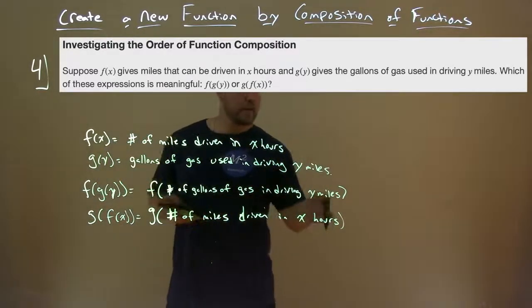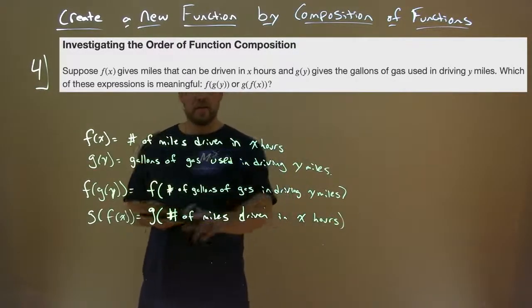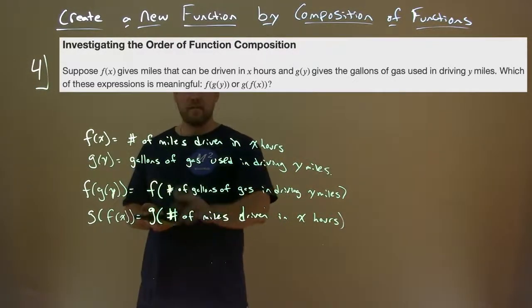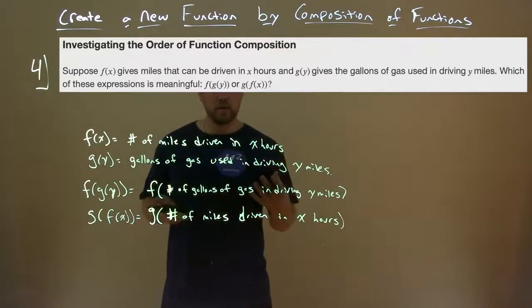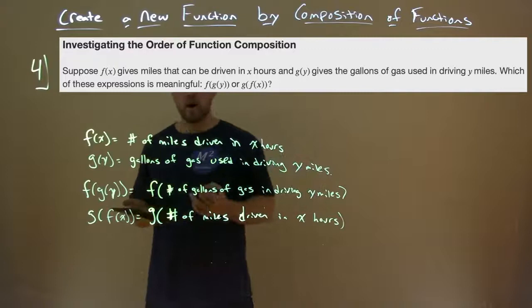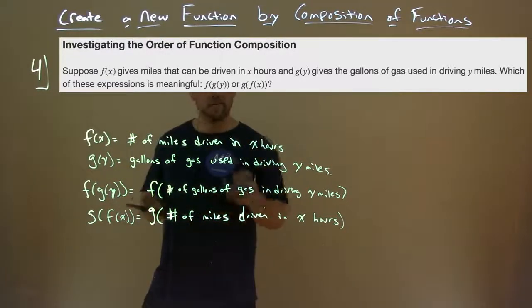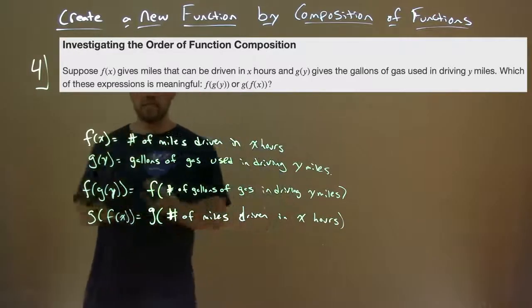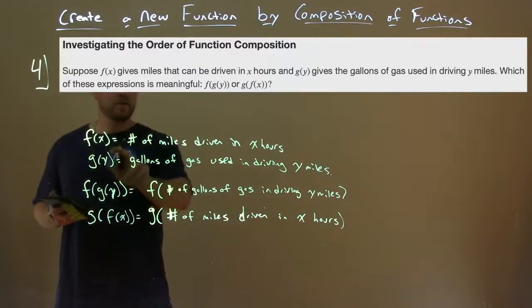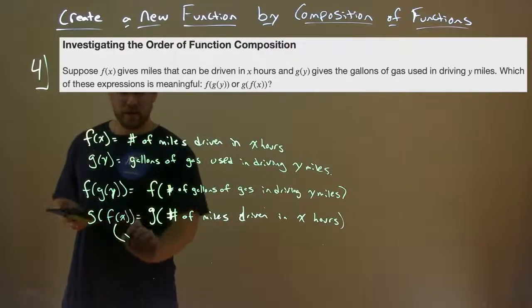So our input is x hours, which goes into f of x, which gives us an output of number of miles, which then is the input of g of y, which gives us the gallons of gas. So the second function actually makes sense. The output of f of x matches up with the input of g of y.